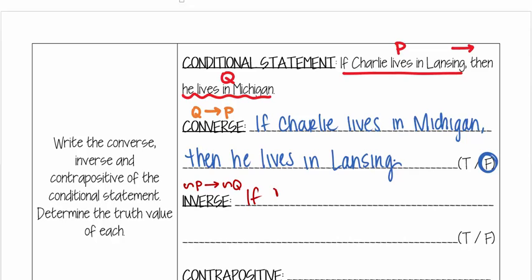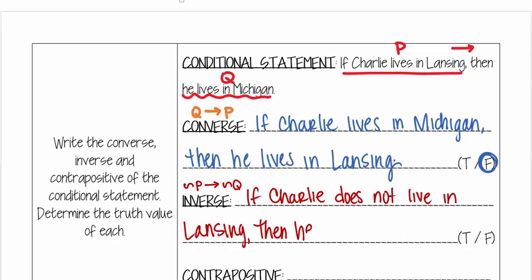If Charlie does not live in Lansing, then he does not live in Michigan. Is that true? If somebody doesn't live in Lansing, then they can't live in Michigan. Hopefully you said that was false because, like the last one, a lot of you don't live in Lansing, but you still live in Michigan.